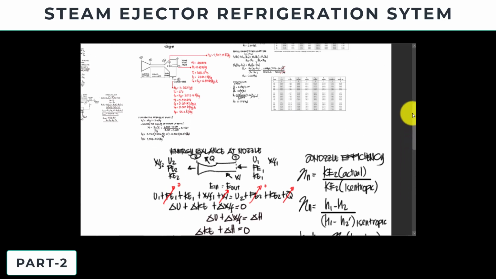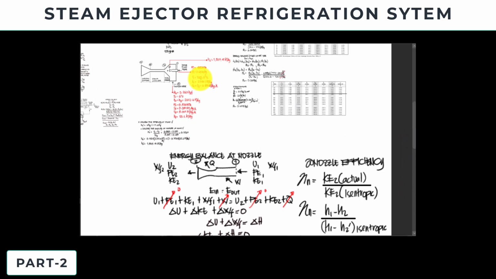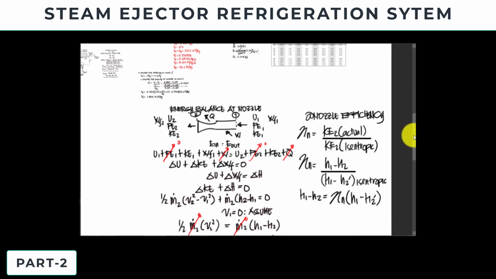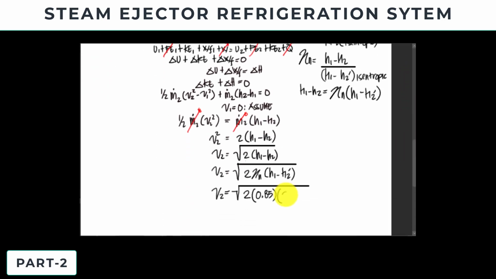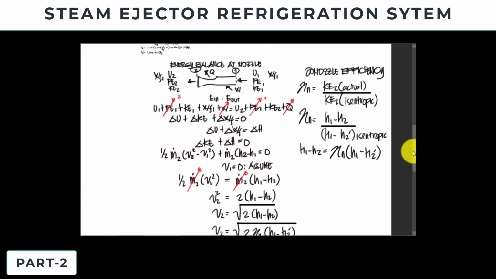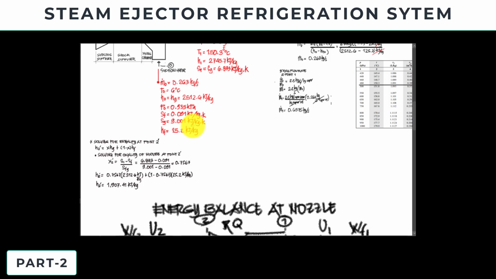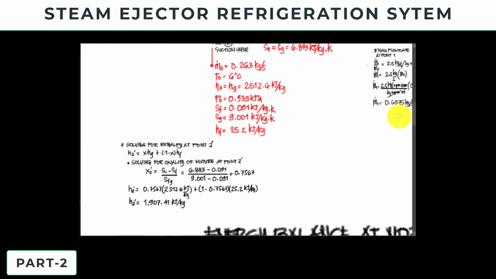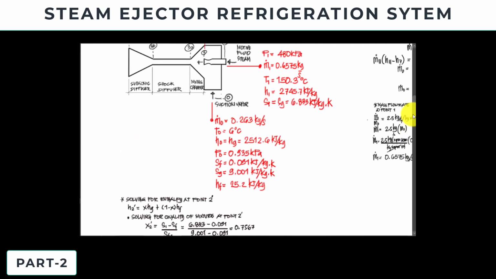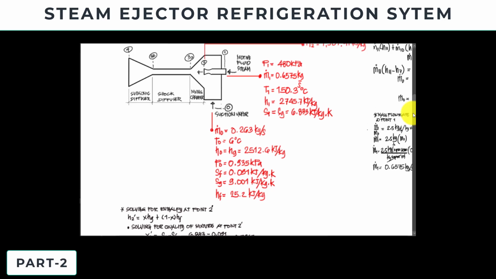For the enthalpy 1, we have 2745.7, minus the enthalpy 2 prime.